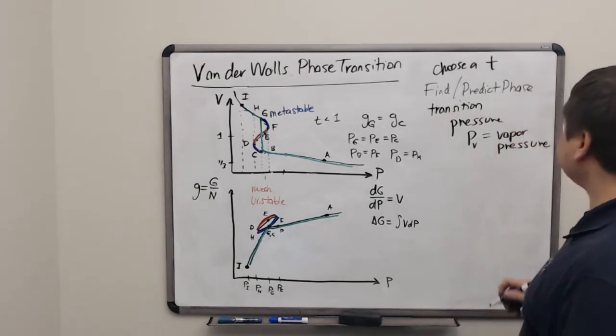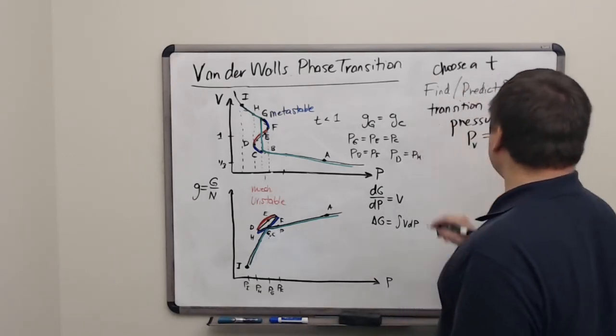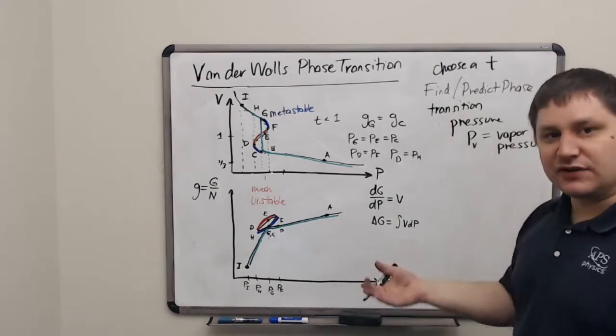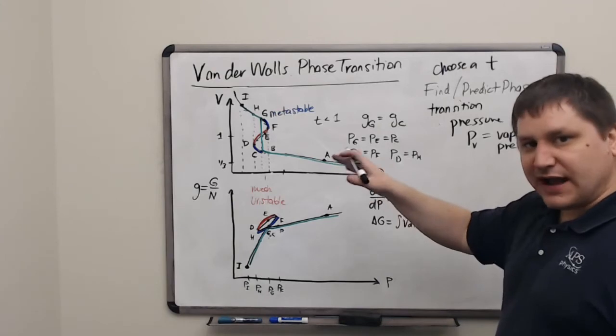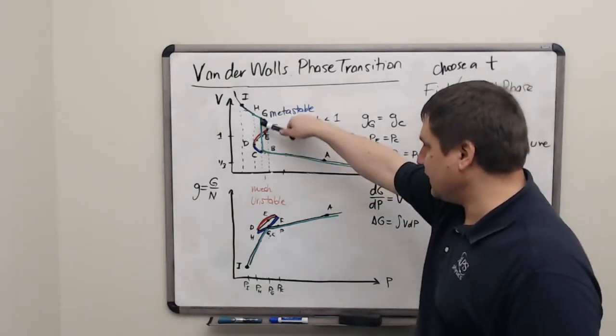This pressure is historically called the vapor pressure, because when you have a mixture, this is the pressure that its vapor has when it's in equilibrium with itself. That would be along this vertical line here. It's at one pressure.